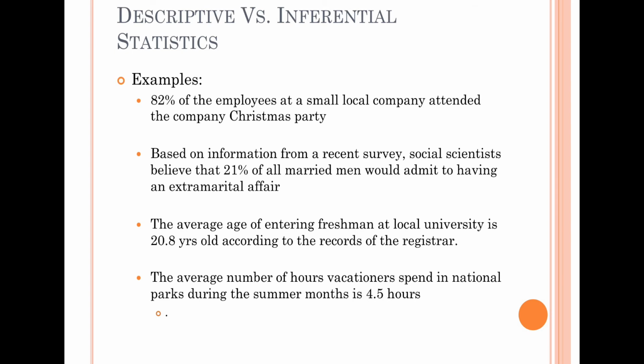So let's look at some examples here. We're going to decide whether these are descriptive or inferential. Number one: 82% of the employees at a small local company attended the company Christmas party. This is probably simply descriptive.